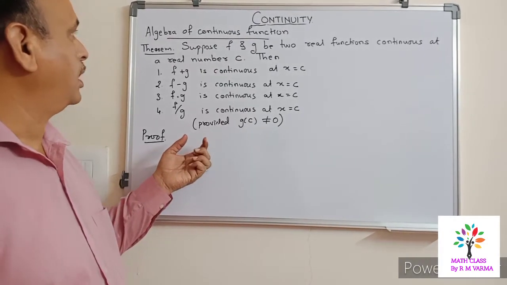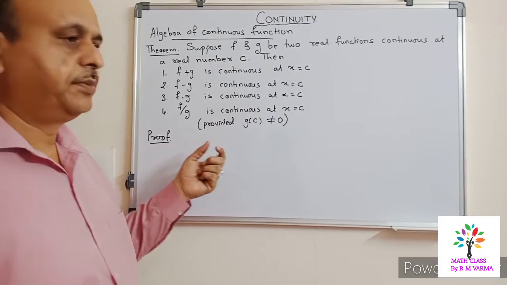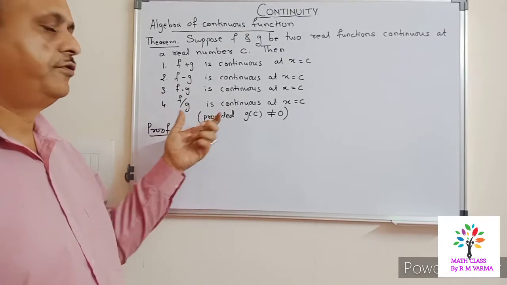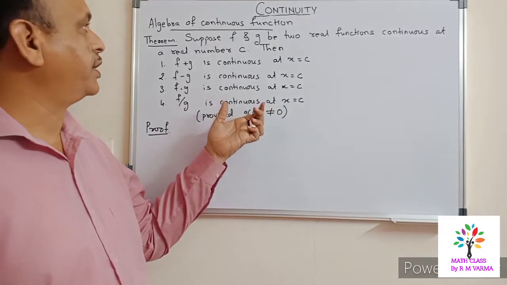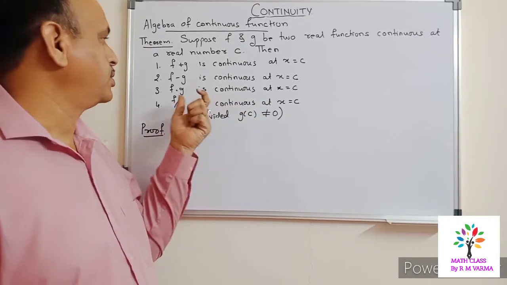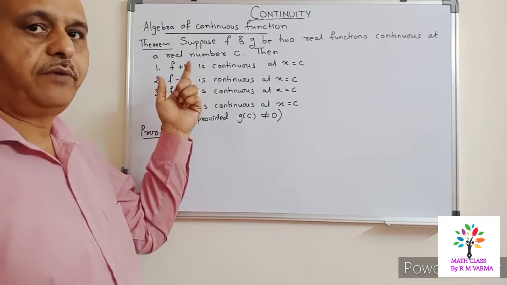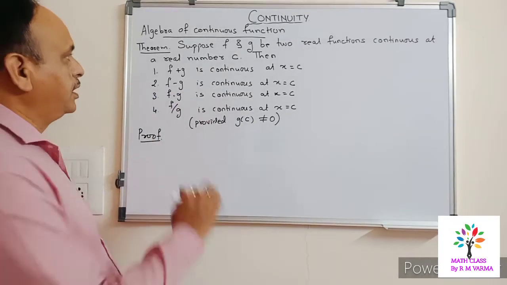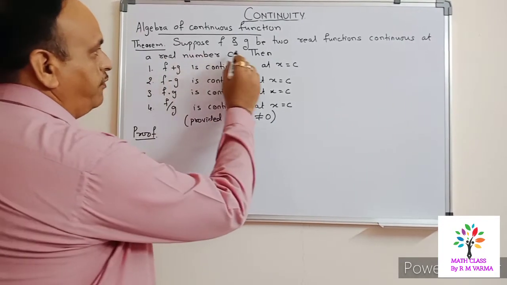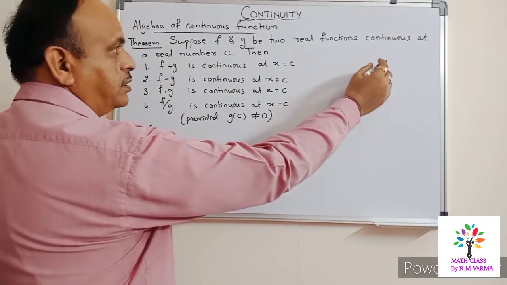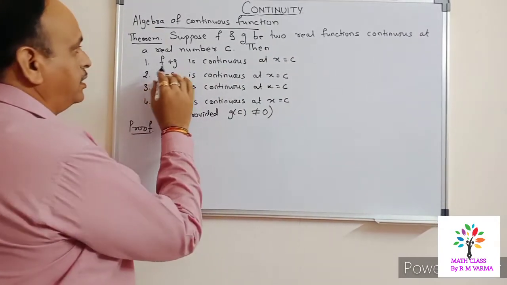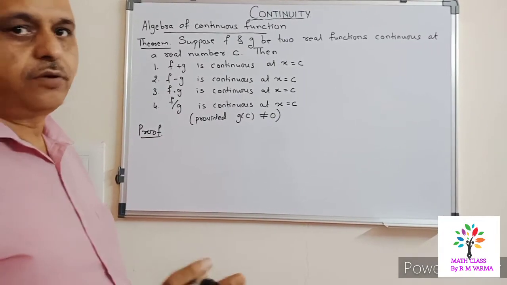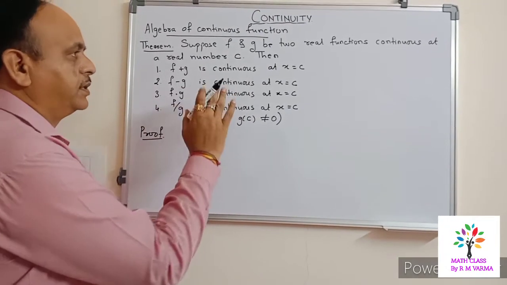Now, algebra of continuous functions. In algebra we normally deal with plus, minus, multiply, divide of the functions or any operations. So here these operations are there and we talk about the algebra of it. For that there is a theorem. Suppose f and g are two real continuous functions at real number c.